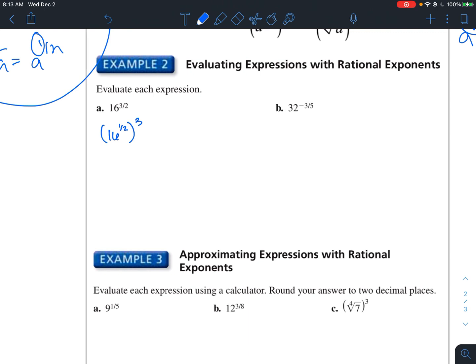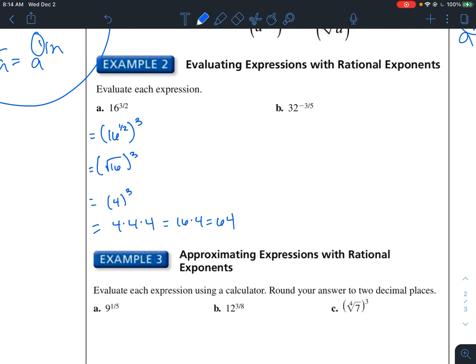Now I know 16 to the 1/2 is the square root of 16, cubed, and I know the square root of 16 is 4. And 4 cubed is 4 times 4 times 4, which is 16 times 4, which is equal to 64.